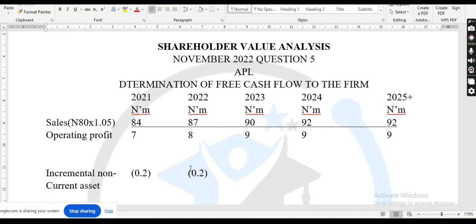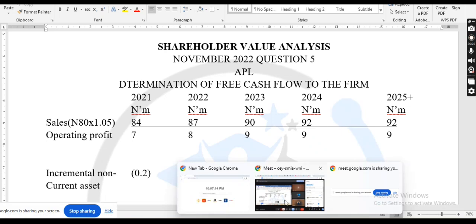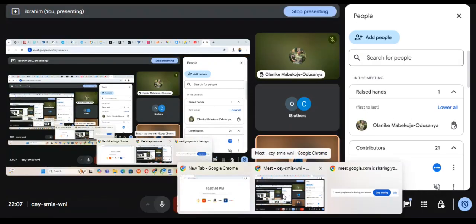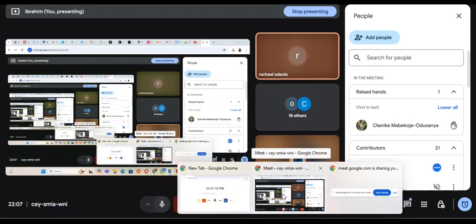But I think depreciation has been included, so we will not subtract depreciation again. We just say tax. Then after the tax, we add back depreciation because depreciation has been included in the operating profit. Class, am I communicating, please? Yes, sir.